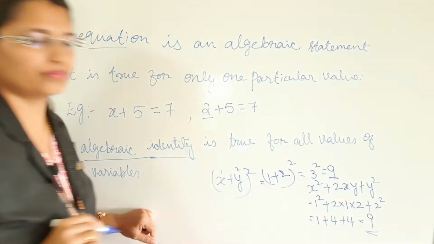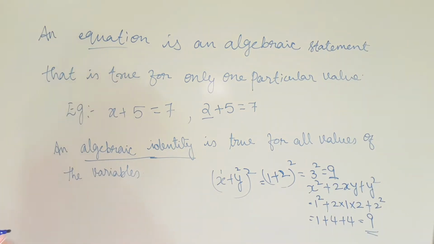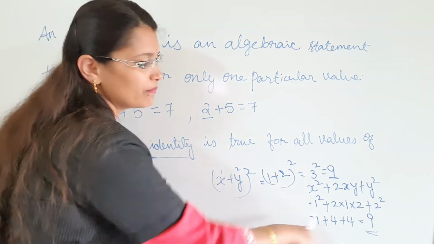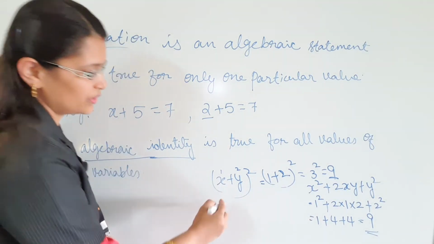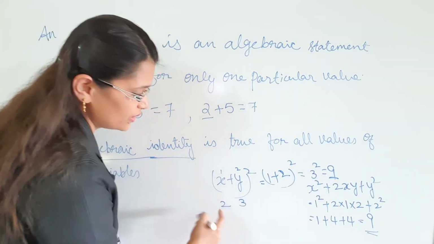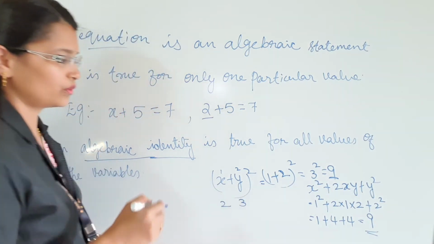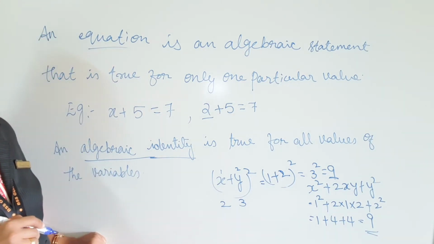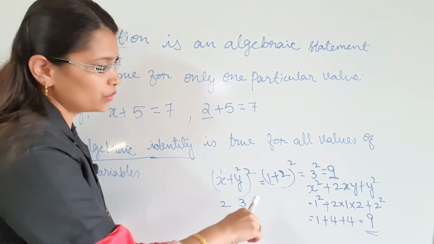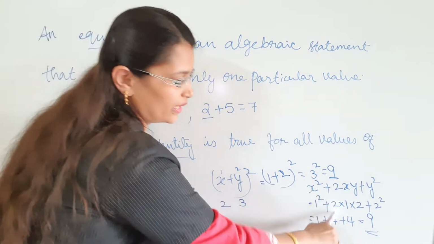See, both the answers are 9. If you take any other number, you will get the same answer. That is, if it is x is equal to 2 and y is equal to 3, this will become 2 plus 3 is equal to 5, 5 square. 5 square is equal to 25. So, substitute those values in this identity.